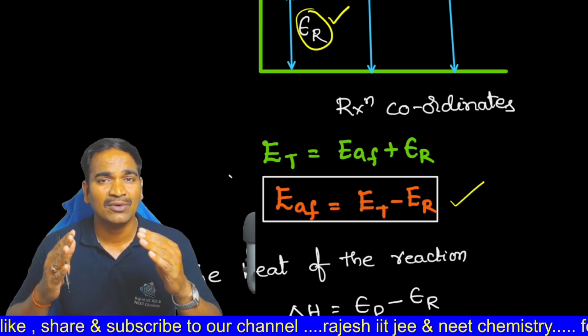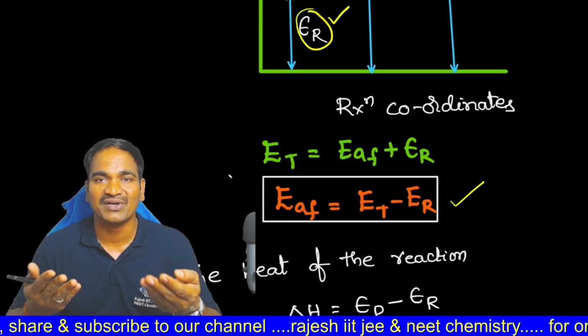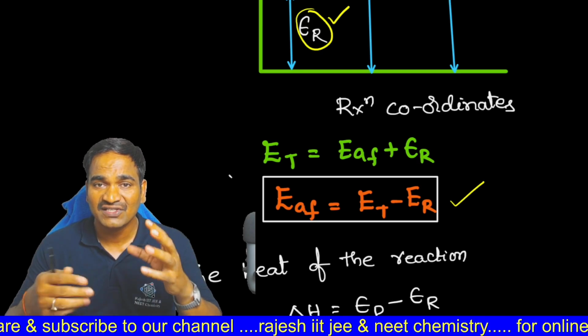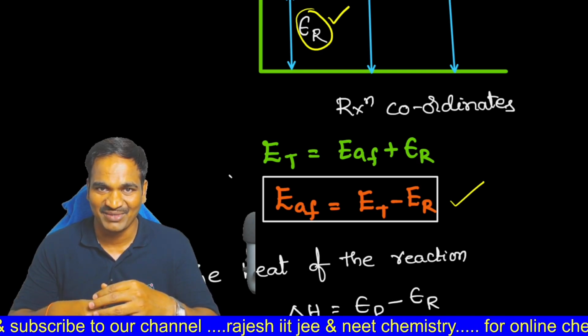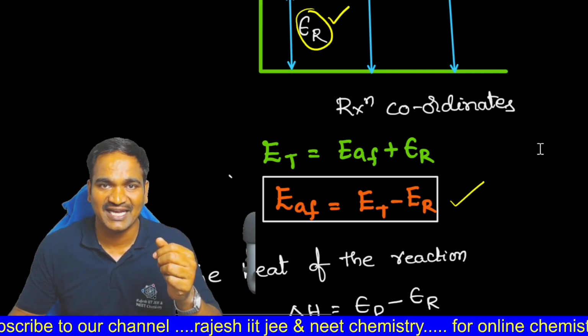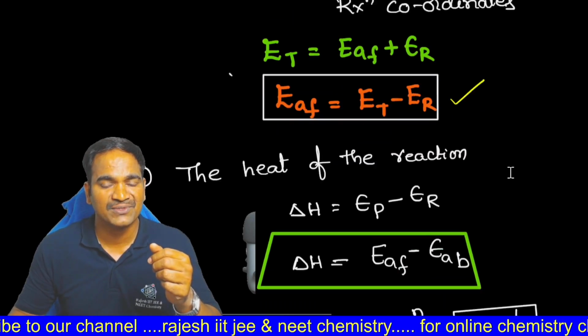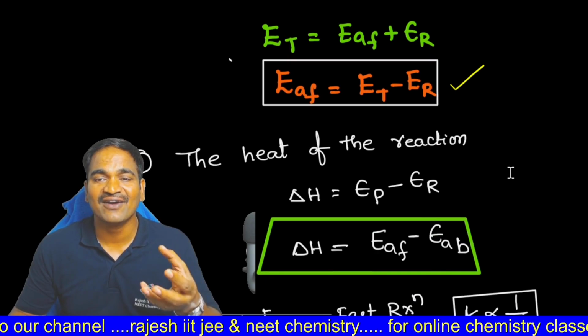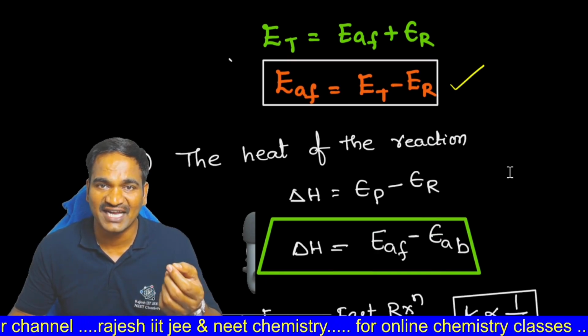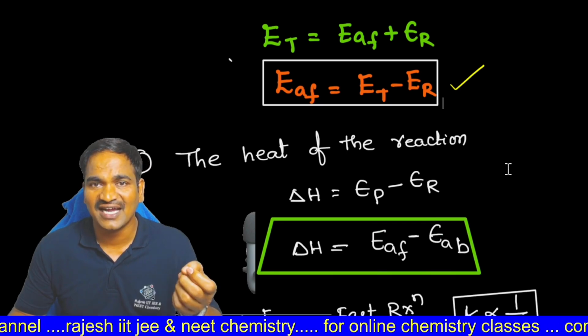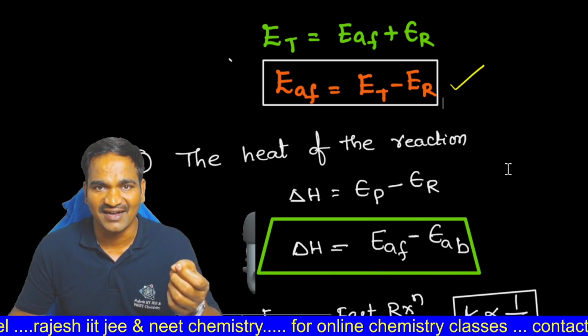Right. So now we discuss some more important points which are useful for our objective examination to solve questions like IIT JEE and NEET questions. You see this. Generally, the heat of the reaction, that means the enthalpy of the reaction, we can calculate. Delta H is equal to EP minus ER.